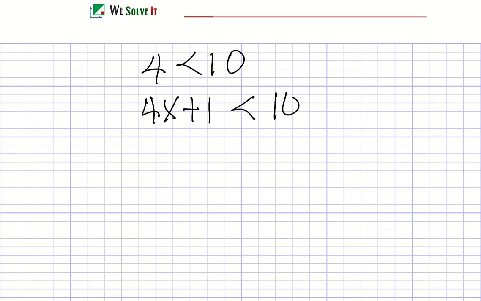4 is less than 10. They're comparing 4 and 10. Or they can say 4x plus 1 is less than 10y plus 3. So the first one, they're comparing two numbers, and the second, they're comparing two expressions. That's all that is saying.